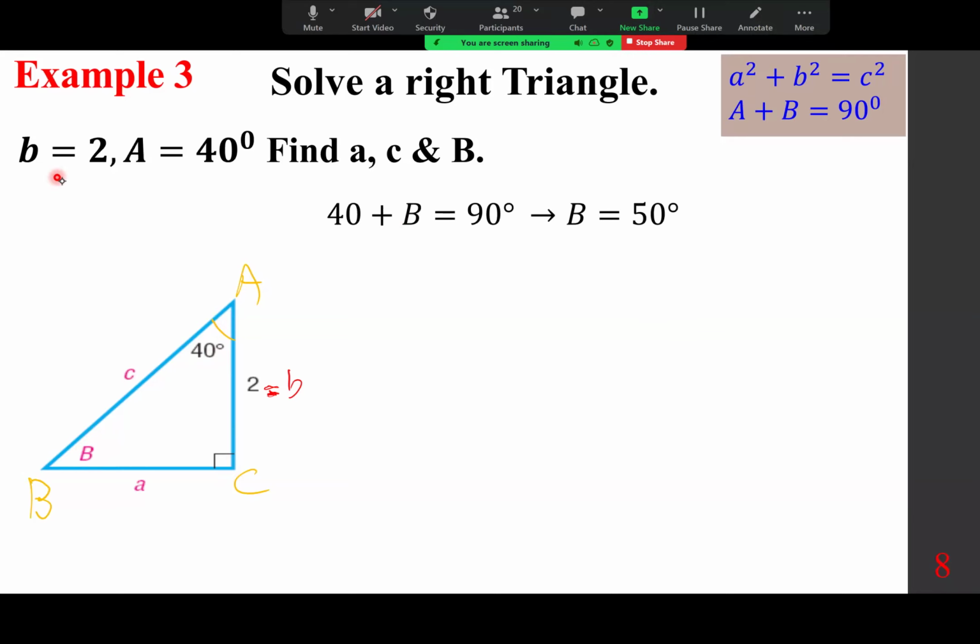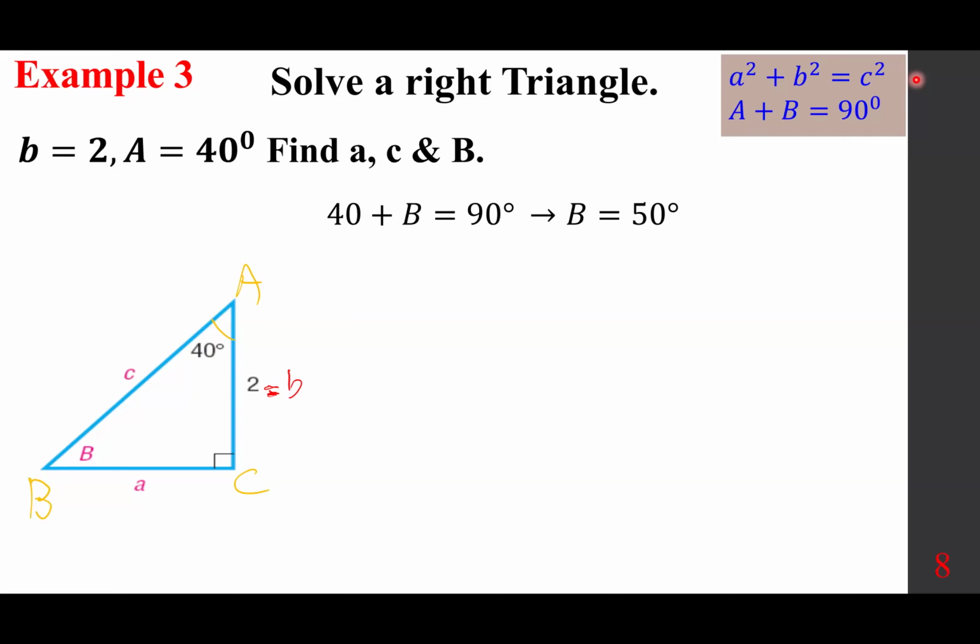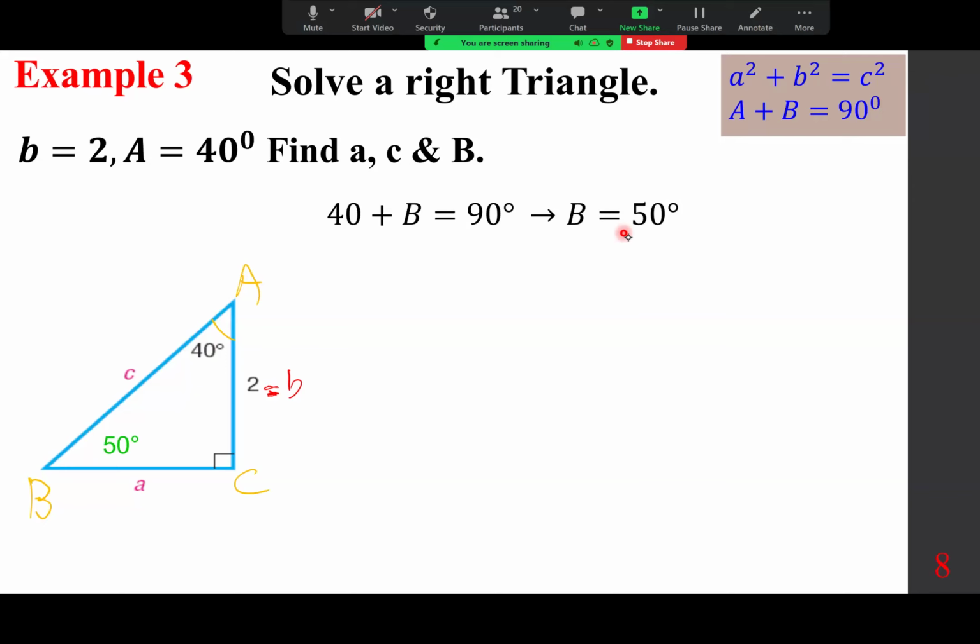And we have only one side, so we can't use Pythagorean theorem, but rather we're going to use the fact that we can calculate tangent, sine, cosine, one of them. It doesn't matter which one you calculate. Okay. For example, we can say, and normally use the one that is given. In this case, this one is given. So first, B is 50 degrees. So let's change this to 50 degrees so it becomes clear.